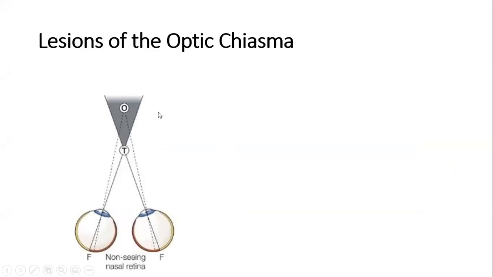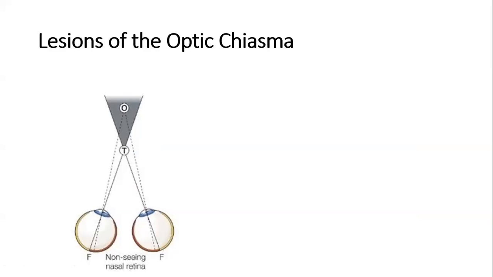So now forget about the chiasma. You're looking at an object T, and since you are focusing on that object T, it is going to fall on the fovea of both eyes. So it is falling at F and F. So consider while looking at T, there is an object behind T, O. So when we join this point O with the nodal point of the eye, it falls on the nasal retina of the left eye, and again it falls on the nasal retina of the right eye.